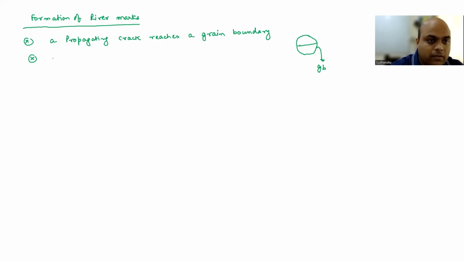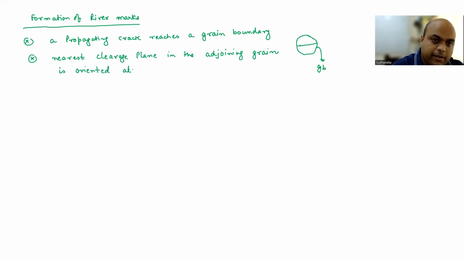Okay. You are going to have the nearest cleavage plane in the adjoining grain oriented at a finite twist angle with the current cleavage plane.